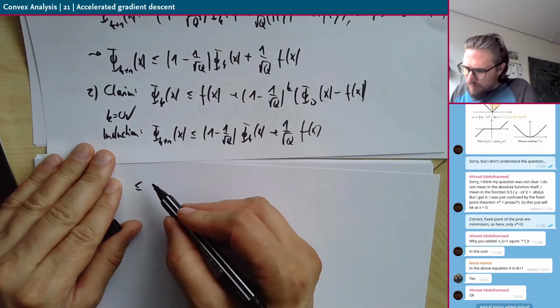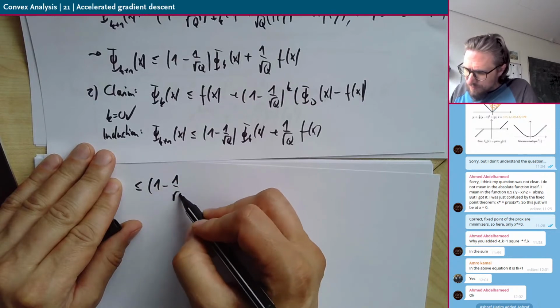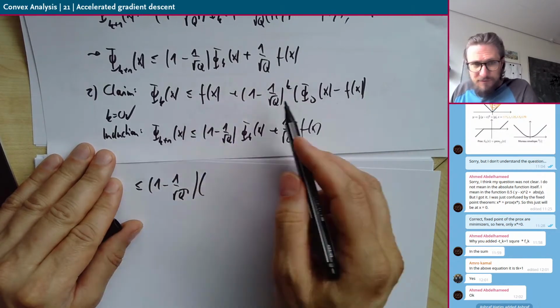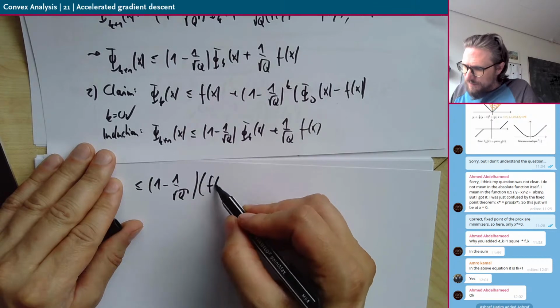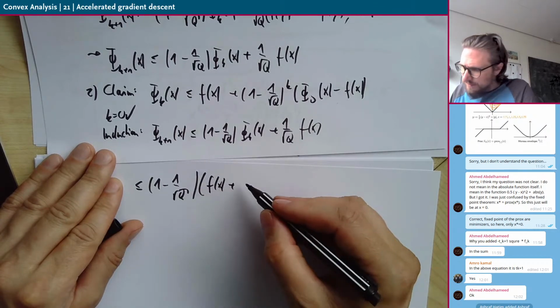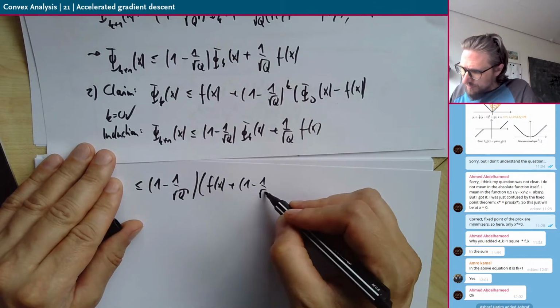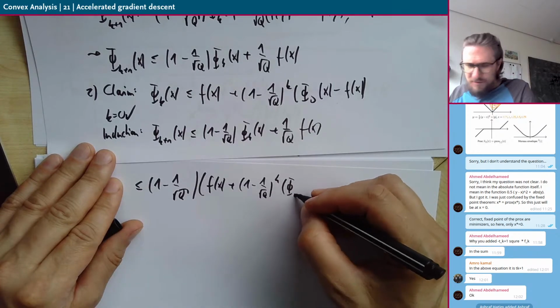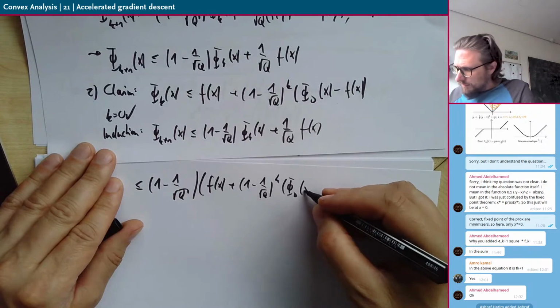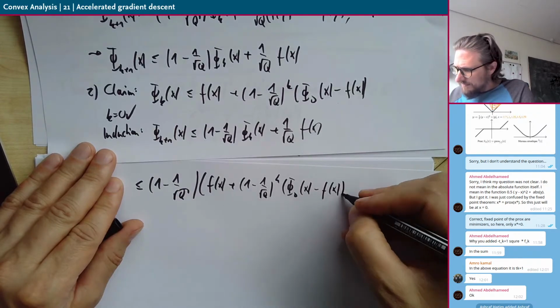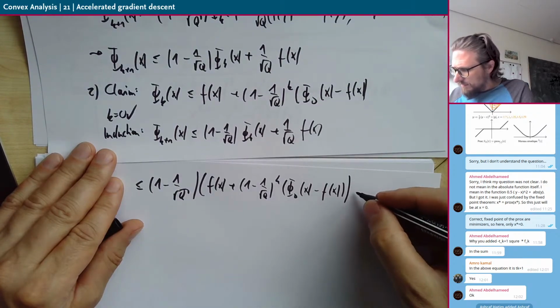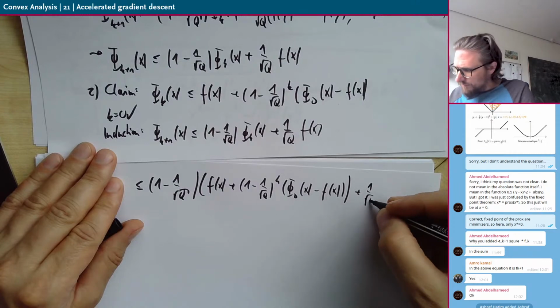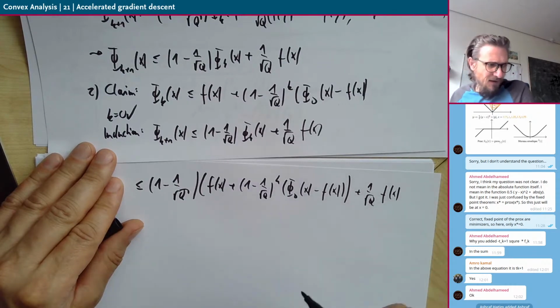Then it gets a little bit longer: (1 minus 1 over square root of q) times the full thing over here, f(x) plus (1 minus 1 over square root of q) to the k times (phi_0(x) minus f(x)), and we still have this plus 1 over square root of q f(x).